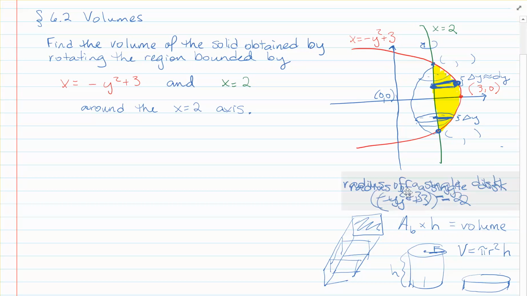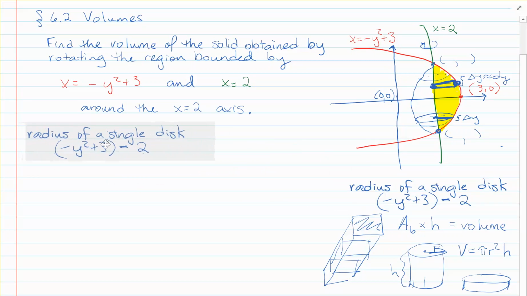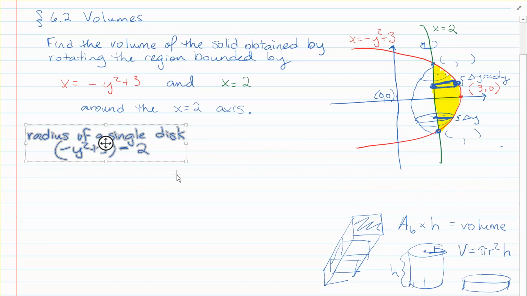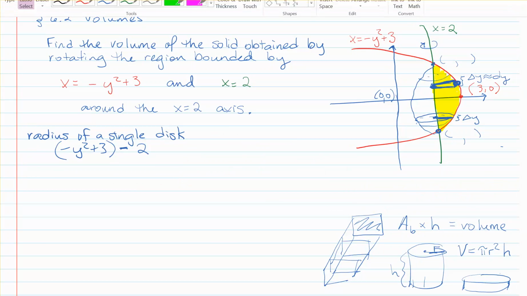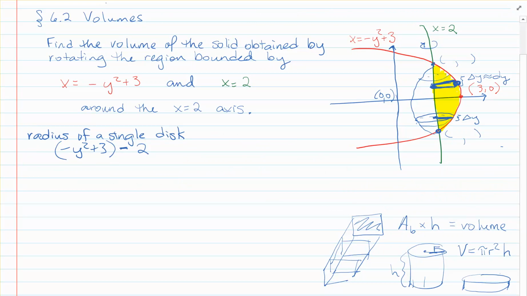All right, I'm going to pick up that work. I wish I had done it over here, so I'm just going to pick it up and move it. The nice thing about working on a computer. Go back to my pencil tool. Okay, that's the radius of a single disk. So how do I figure out the area of a single disk? Well, that's pi r squared. So what's my radius?